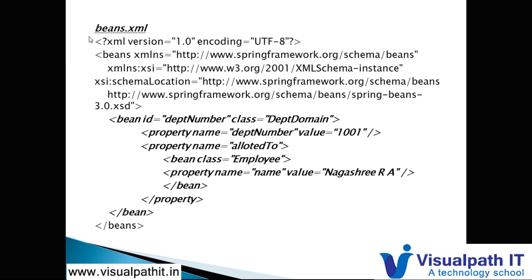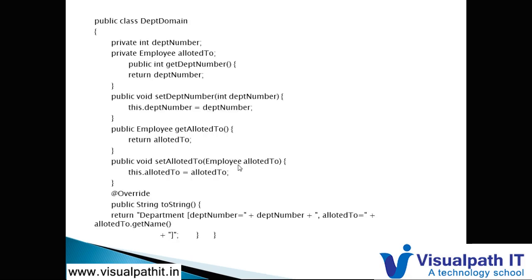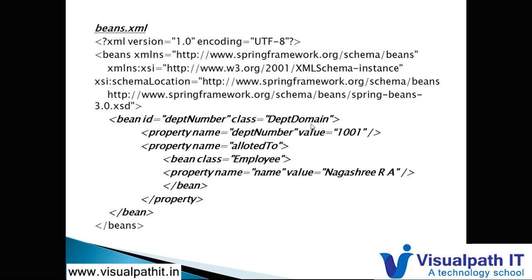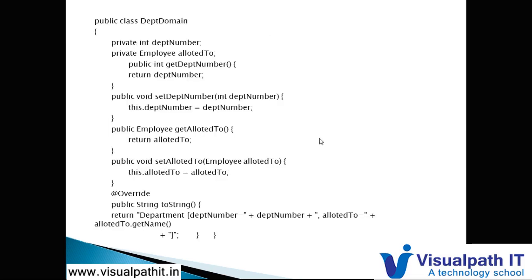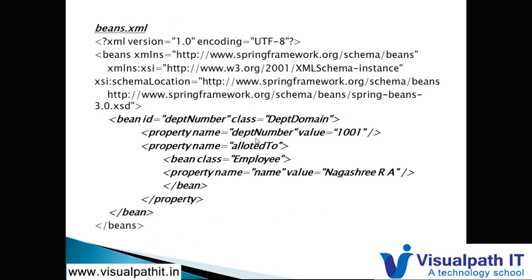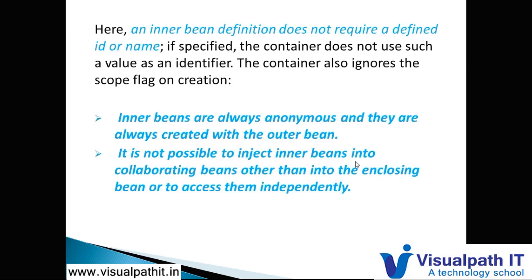In beans.xml, as usual, we have the XSD defined. Within that, we have bean id equals the department domain. Property name is department number, and allocated to is again an inner bean which has the employee value and the employee name, and the department number is whatever is defined. How can we understand this?